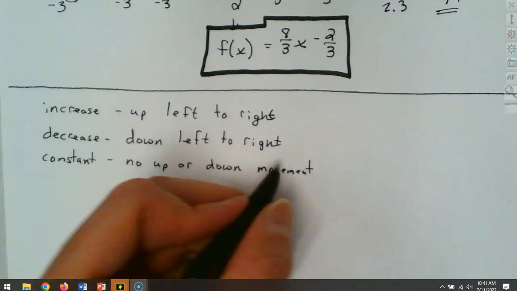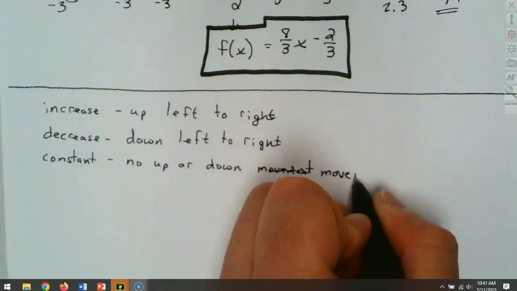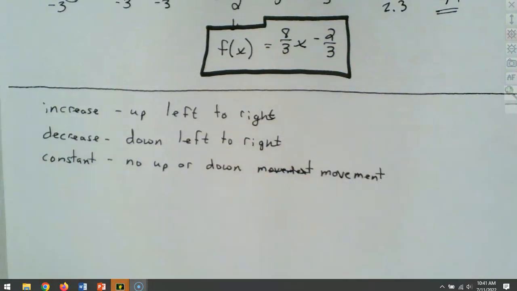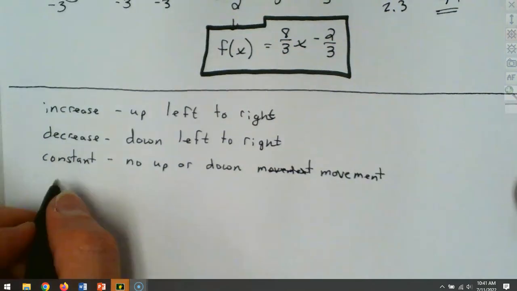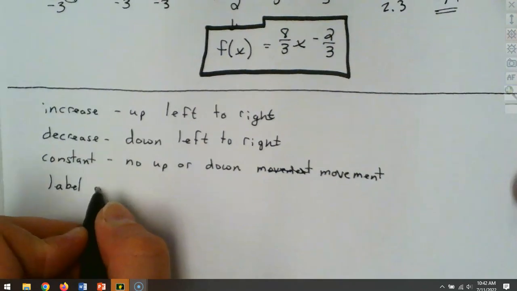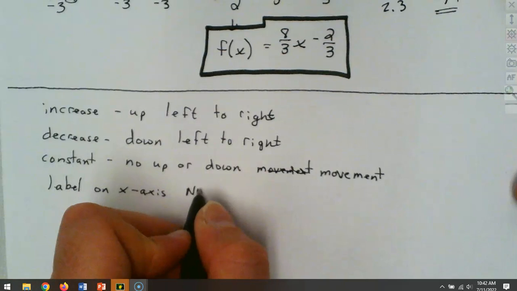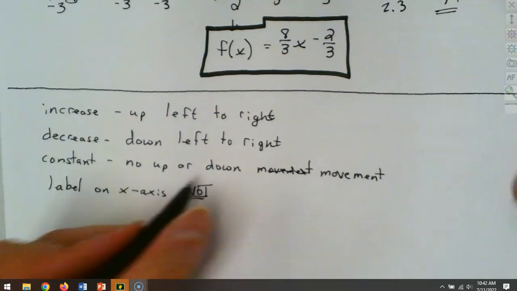So we'll say no up or down movement. And we need to make sure we label on the x-axis. Not the y.